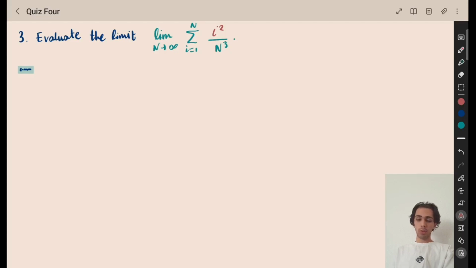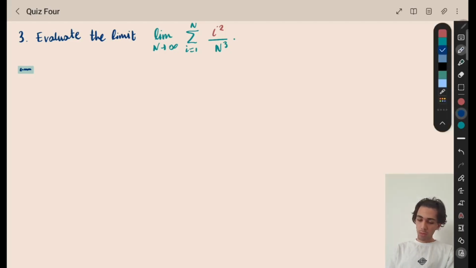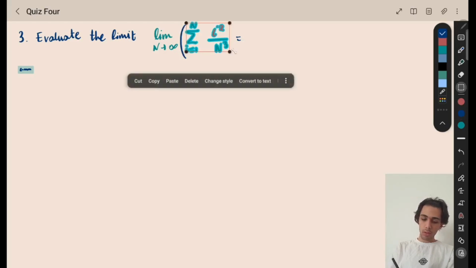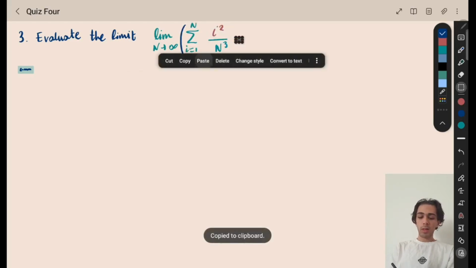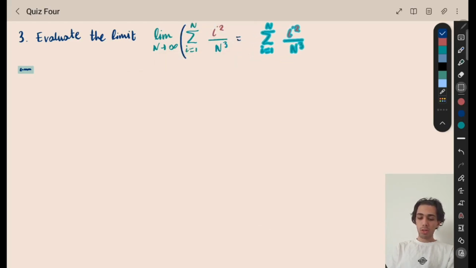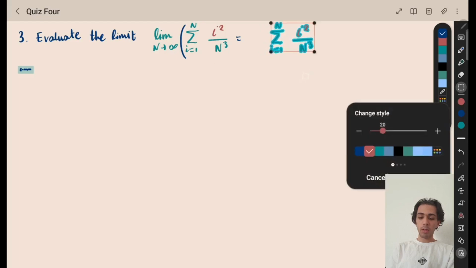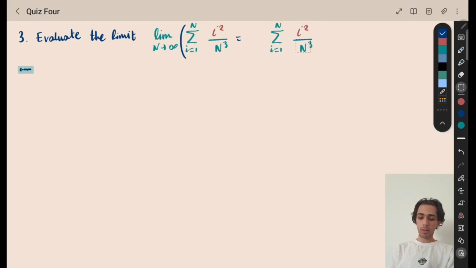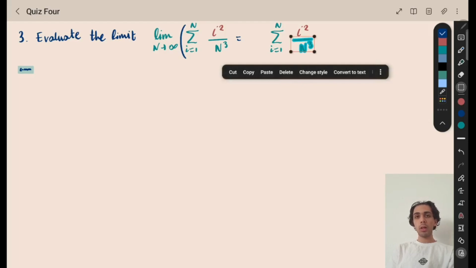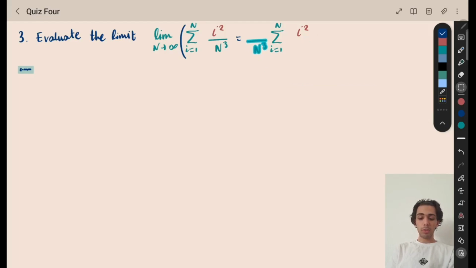So here's what I will do. This can be rewritten as follows. We have a sum of terms which depends on i, and the value is precisely i squared. So n cubed is really just a factor here.